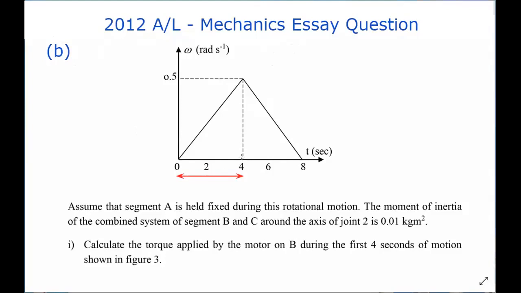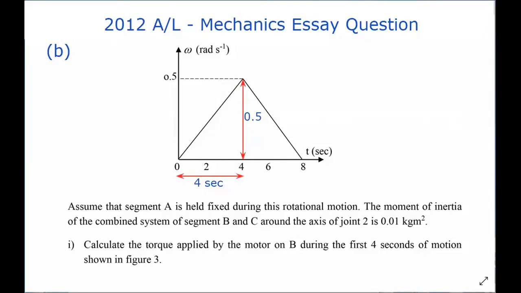What is this height here? It is 0.5. Very good. It's given 0.5. Draw this graph. During the first 4 seconds, angular velocity increases from 0 to 0.5, as given in the graph.